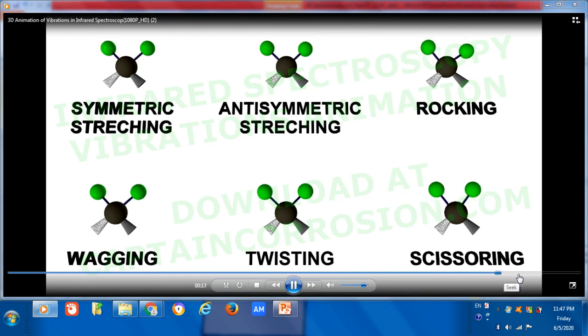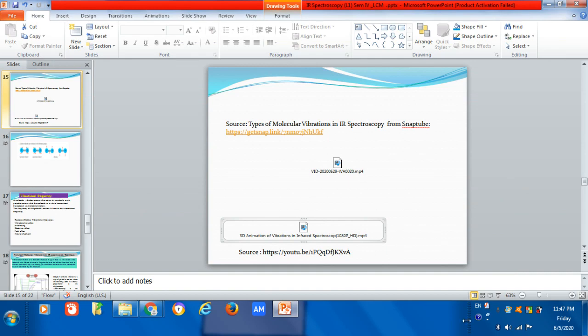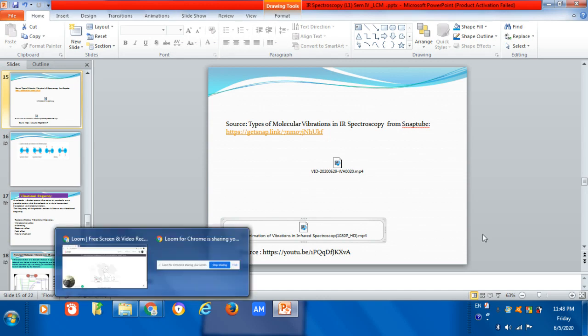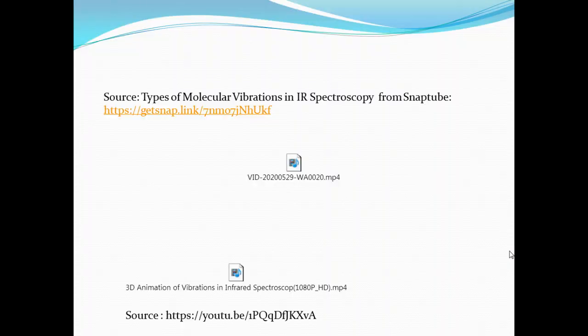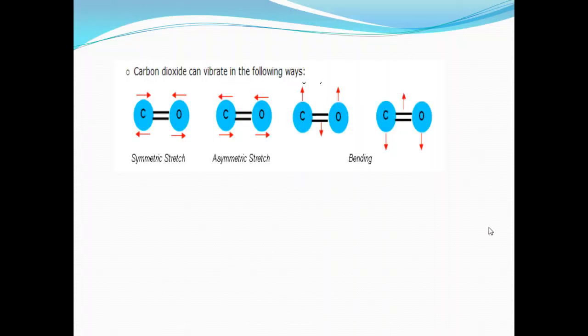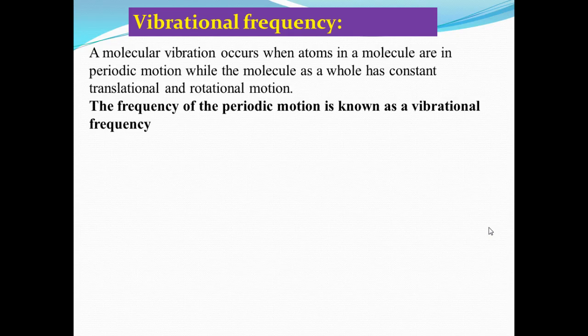Symmetrical stretching, anti-symmetrical stretching, rocking, wagging, twisting, and scissoring. Now, this is the example, carbon dioxide.